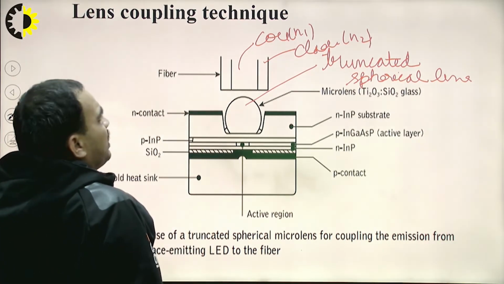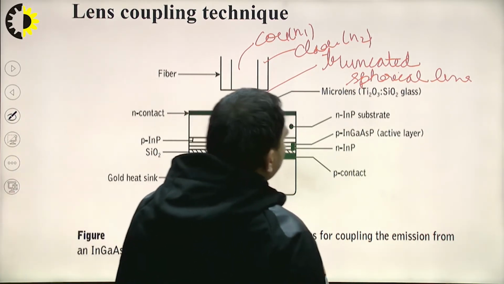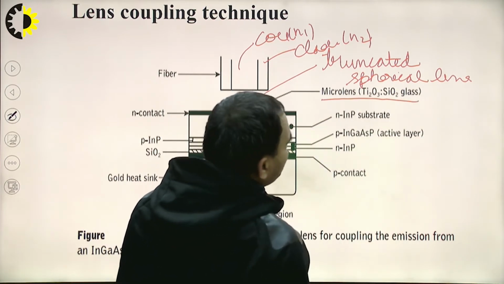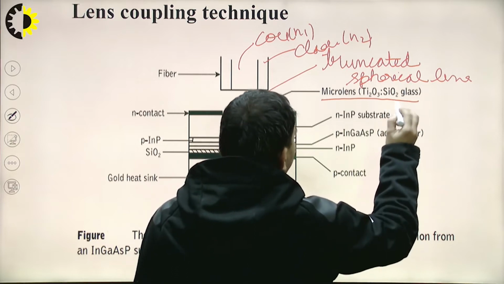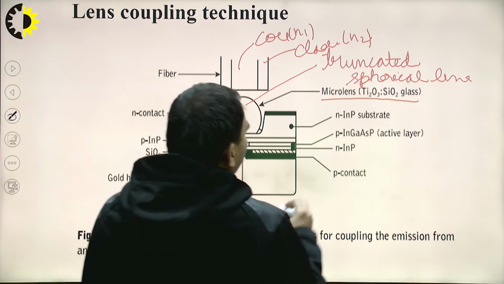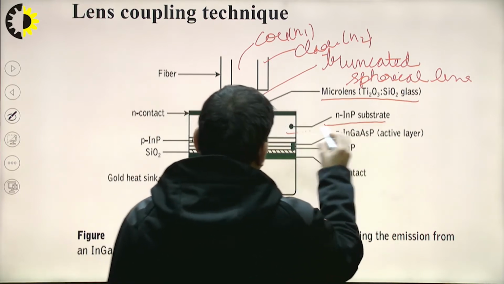And this truncated spherical lens is nothing but a micro lens made up of Ti2O3 and silicon dioxide glass. And this is placed over an N-type indium phosphide substrate.